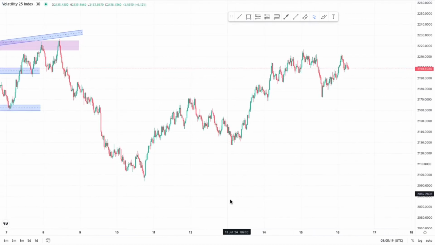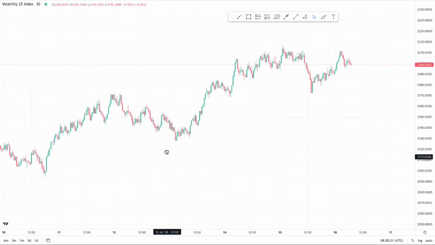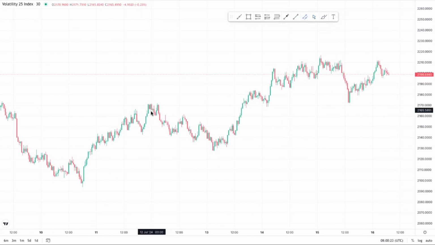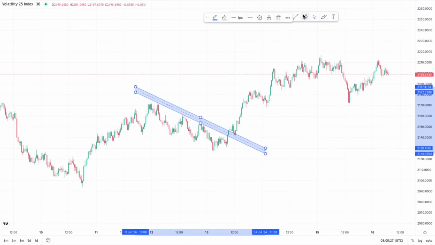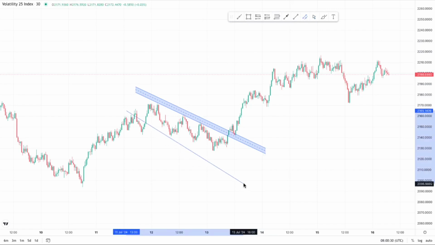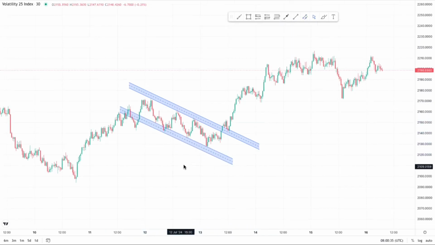Let's also take another example. We can see here we had this dynamic support and resistance. Price was moving in this downtrend, and it was creating a series of lower lows and lower highs. As you can see, this was our price movement.